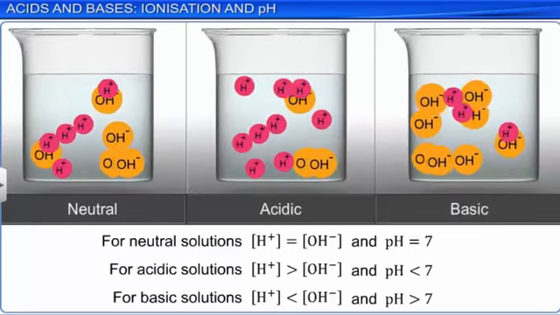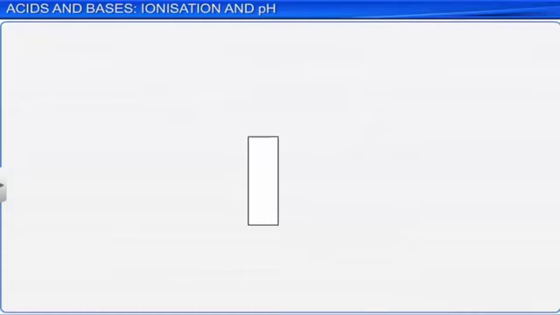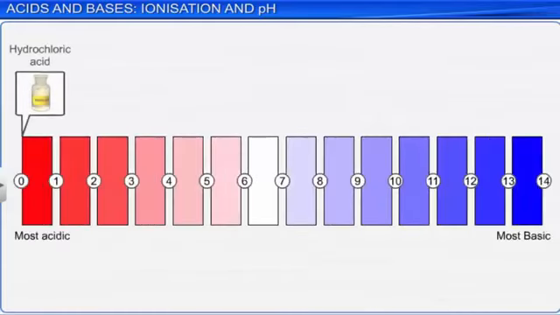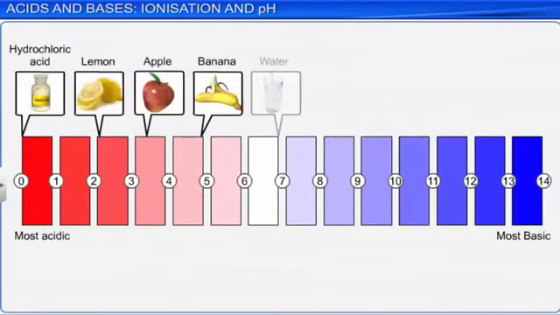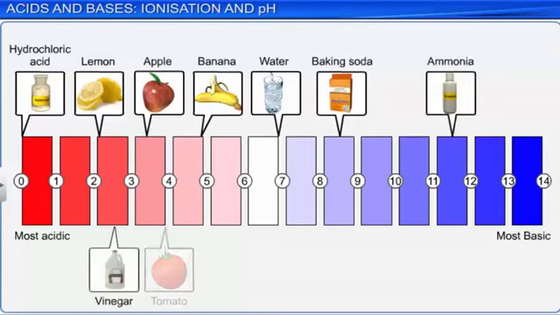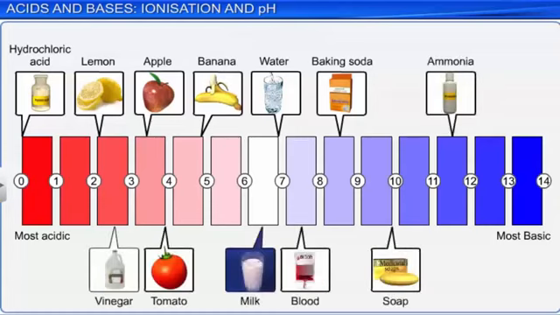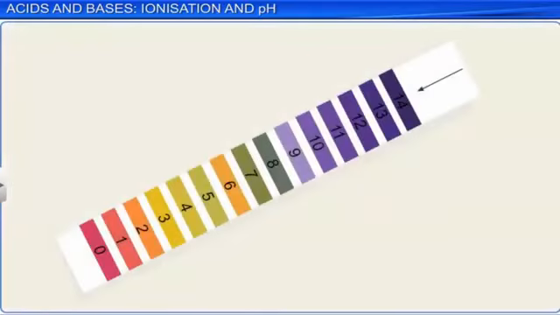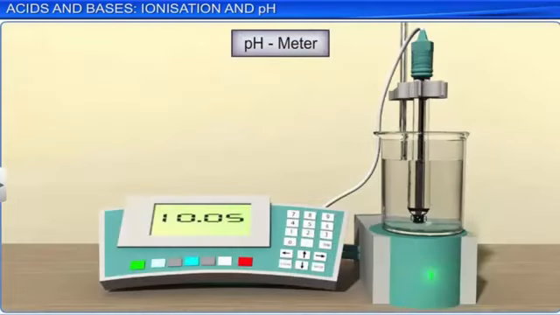The pH of some common substances is shown here. The pH of a solution can be roughly estimated using a pH paper that gives different colors in solutions of different pH values. For accurate measurement, pH meters are used instead of pH papers.